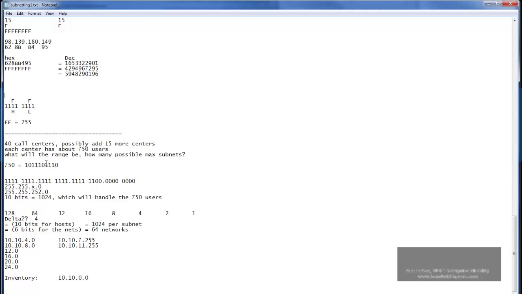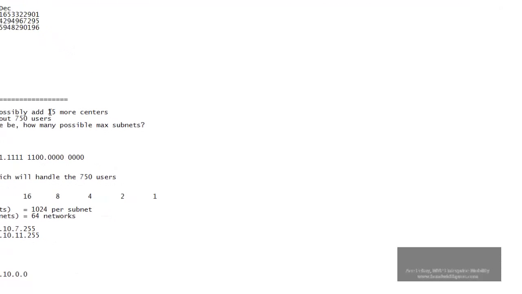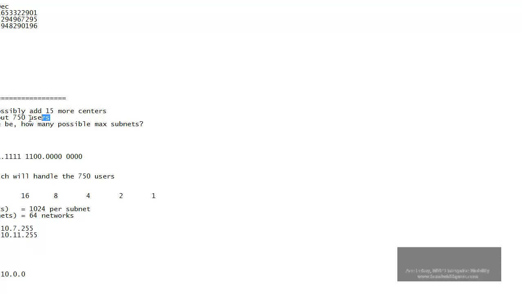Anyway, that's how you can manipulate how many hosts we need. In this case, the question was how many can we support based on the call centers, and of course we have to take the hosts into consideration. First, we came up with a subnet that gave us the ability to support the 750 users. Then from there, the number of subnets just fell in place to handle the call centers.